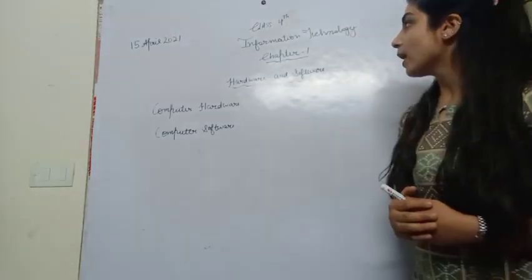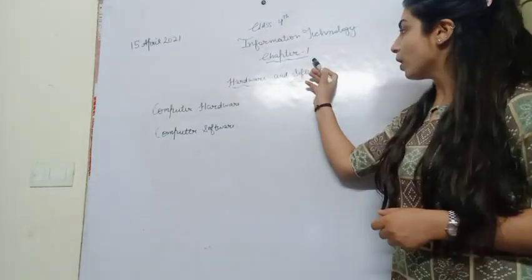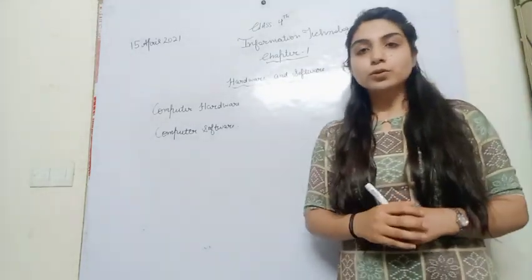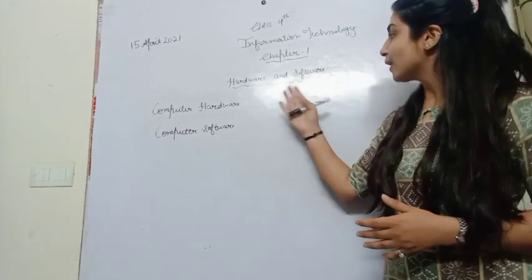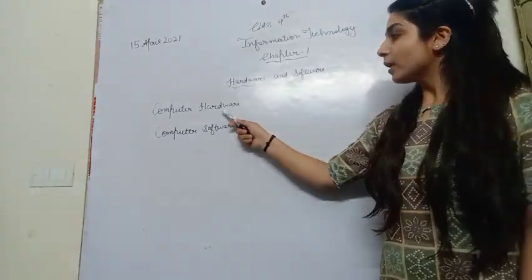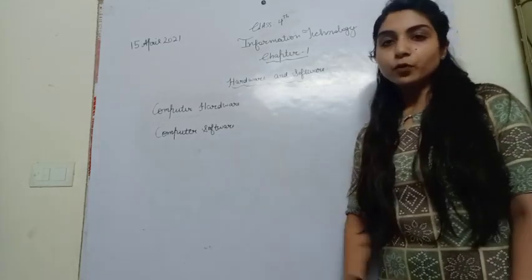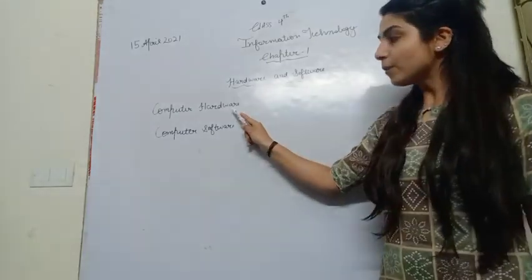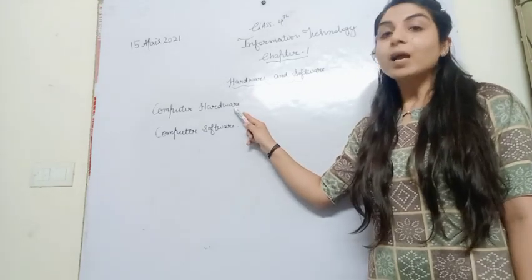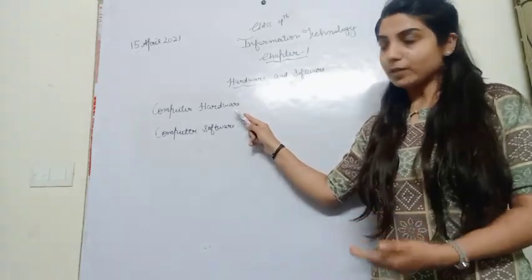So in this class today we are doing chapter number 1 and the name of the chapter is Hardware and Software. Students, you have already read about the hardware and software parts of a computer. Today we are reading about computer hardware and computer software. The hardware part is called the physical part of the computer, which we can touch and use.